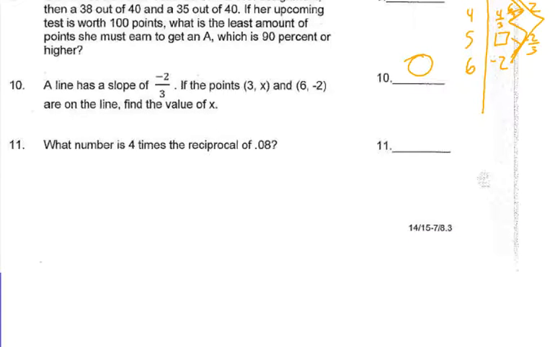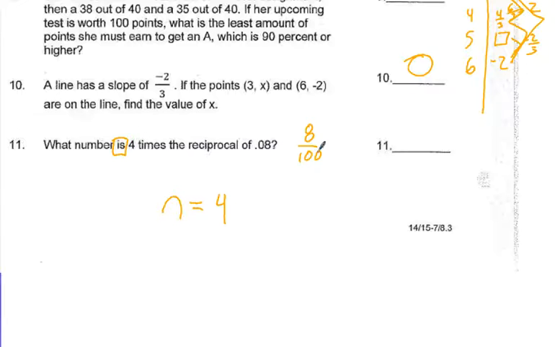Last problem on this page. What number is 4 times the reciprocal of 0.08? All right, so what number is, it's a big old math word, 4 times the reciprocal. So we have a number, is means equals, 4 times the reciprocal. Well, this number is just going to be 8 over 100, correct?